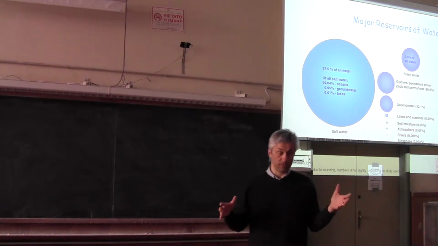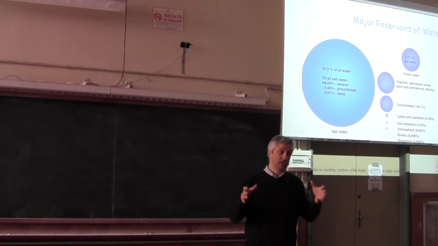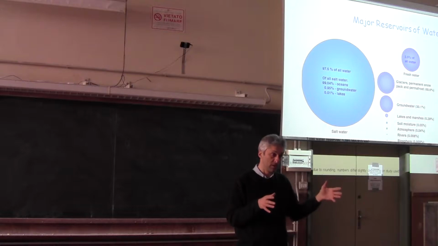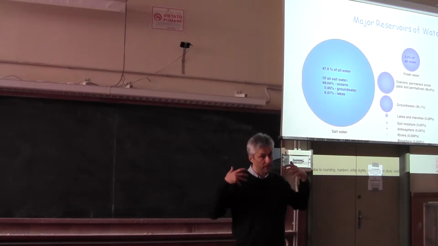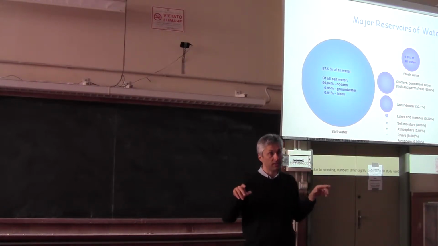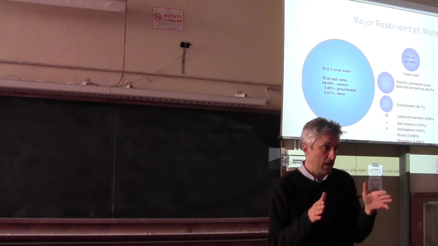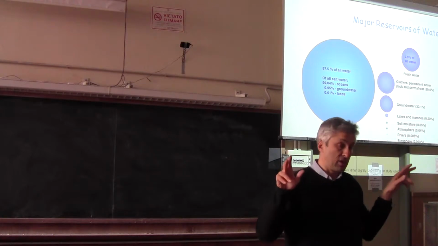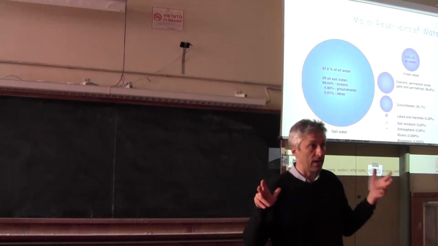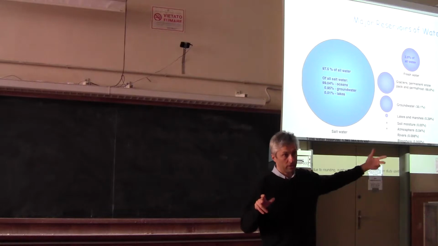And the same for water. In some cases you have static storages, not renewable. In other cases you have water flowing very quickly, which means that the renewal time is short. In other cases you have intermediate situations where the renewal time is long.